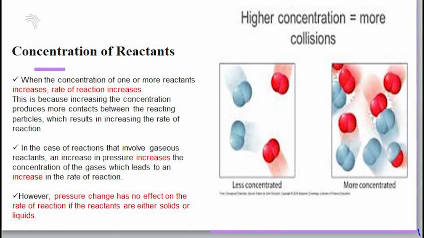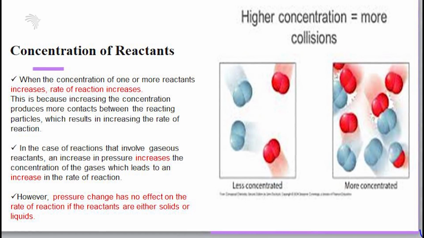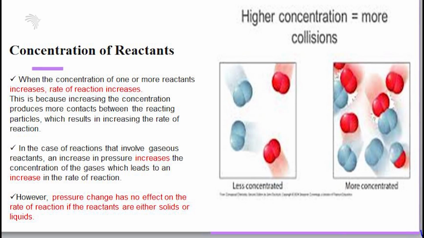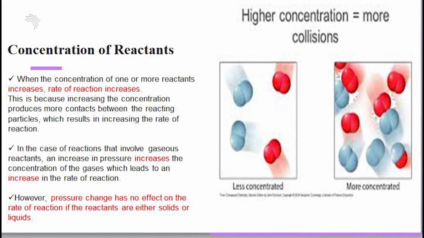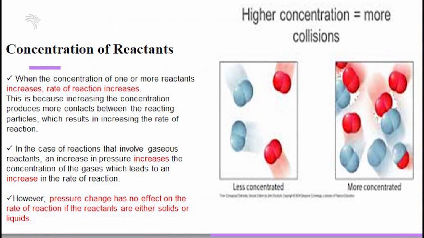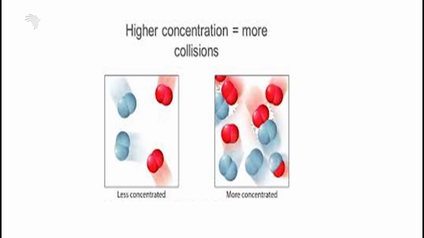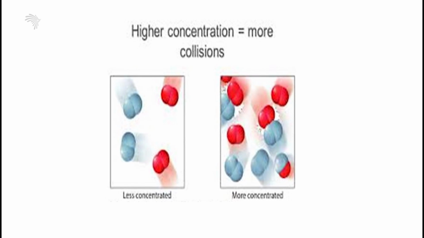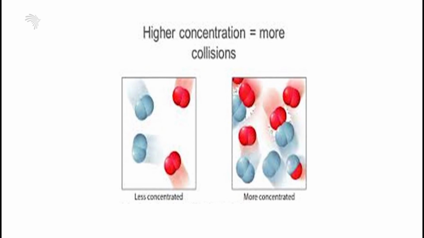So when we lower the concentration, a particular result is obtained, but this result is the opposite of increasing the concentration of reactants. What do we mean here? Whenever we increase the concentration of a reactant per unit volume, this increases the number of possible collisions between particles, and the rate of the reaction is thereby increased.